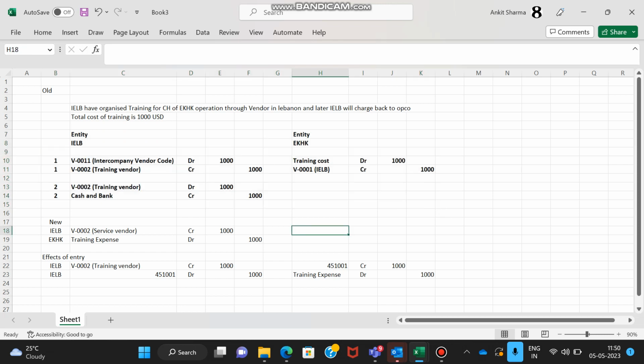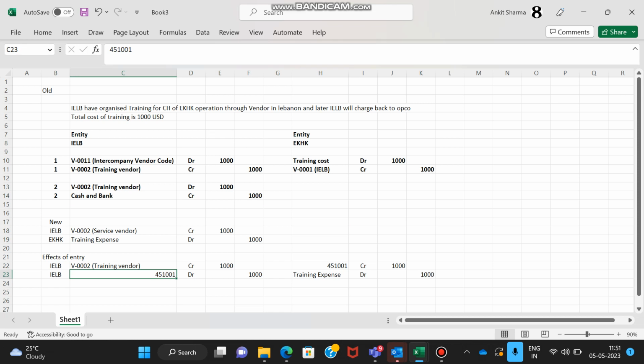But now, through the new mechanism of intercompany accounting, this transaction would be accounted as follows: we will credit the service provider, who is providing the training, in the books of IELB, and we will debit an expense account by $1000. The effect of this transaction would be a debit to the same account V-02, and automatically, as you know, in the new system of intercompany the transactions are linked based on the relationships.